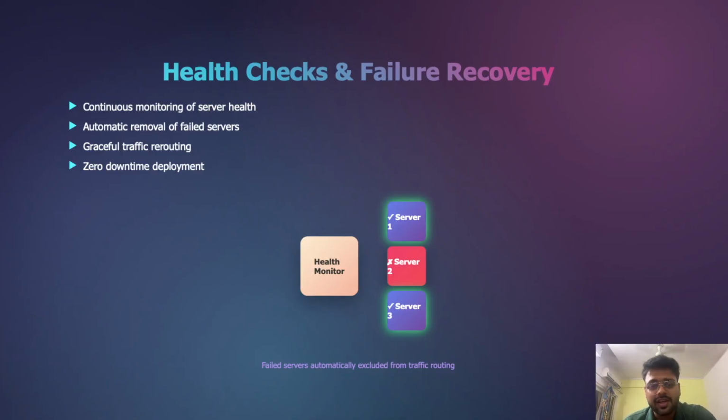Now this is where the health checks become absolutely critical. The load balancer actually monitors the health of the servers in a constant manner, like a polling connection between all the servers. It sends a request to a server, like, hey, are you still active or available for handling the request?